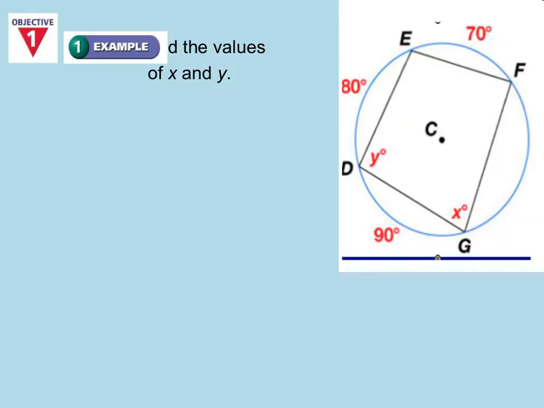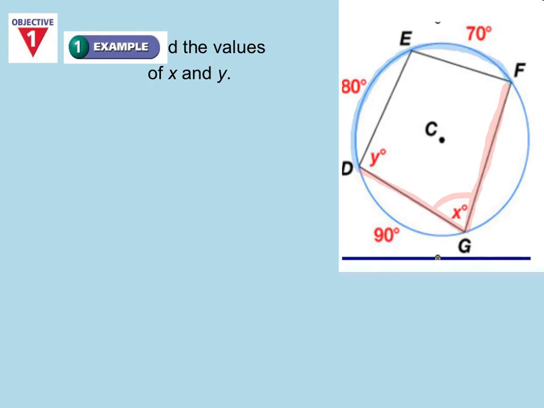The next question asks us to find the value of x and y. Now, if I look at my value for x, we have that x is an inscribed angle, as shown, and the intercepted arc is the arc DEF.